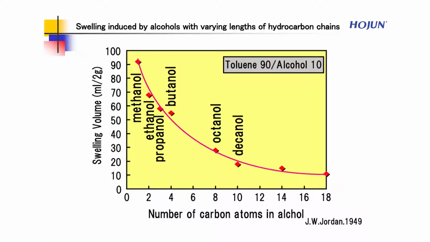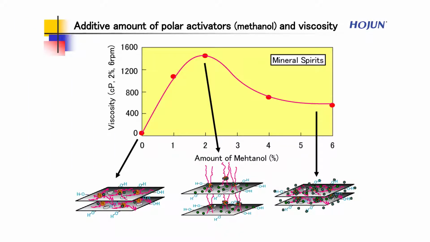When using alcohols as polar activators, alcohols with short hydrocarbon chains are effective, as the hydroxy group performs the function. There is a suitable additive amount regarding polar activators. A small amount would yield an insignificant effect as a dispersant, with low viscosity as a result.